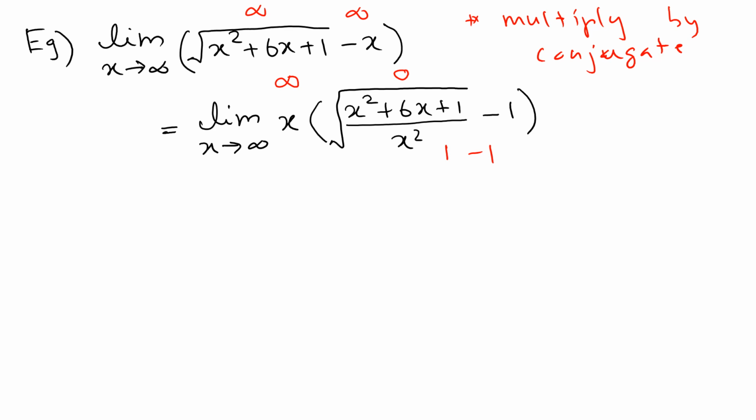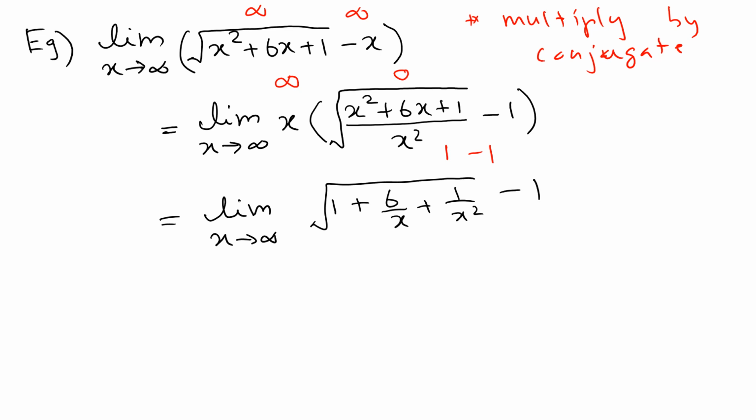So when you have type 2, we bring the easier one down. That means we can write this as the limit as x goes to infinity. If you divide the top and bottom, and also simplify a little bit of algebra, the top now becomes the square root of 1 plus 6 over x plus 1 over x squared, minus 1, whole thing divided by 1 over x.